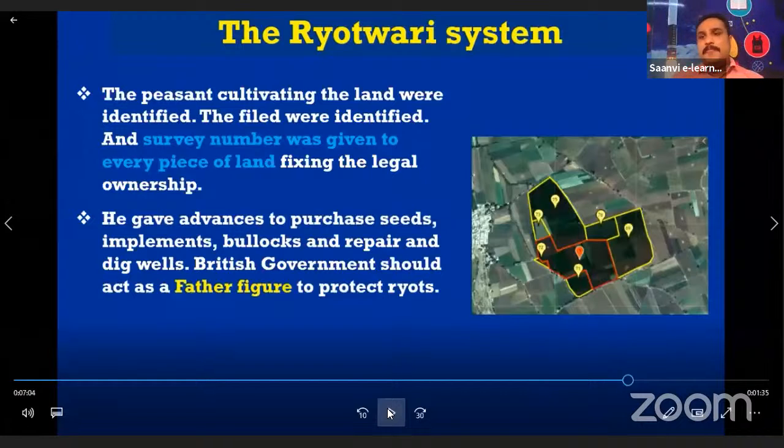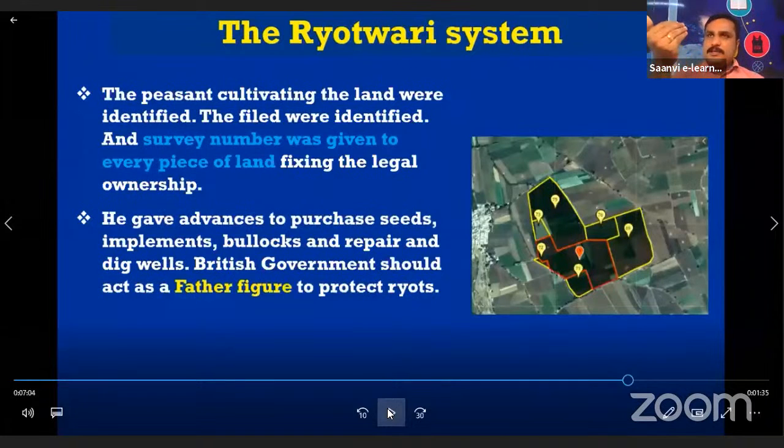Here you see legal ownership given. So nowadays also, for each and every land, if you check your own property, you have a land document. In the same way here the government conducted an inquiry and a survey, and according to that survey they found that some of the land was occupied by some of the farmers. So they gave them legal ownership or a document.